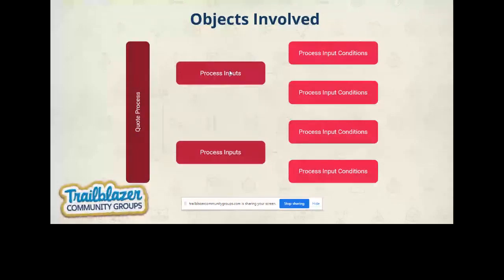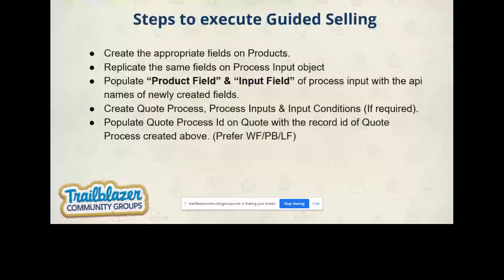Then we can have process input. A single quote process can have multiple process inputs. Then we have the process input condition object. A single process input can have multiple input conditions. Don't bother about what exactly it is, we are going to see. I have already mentioned the steps here in short.